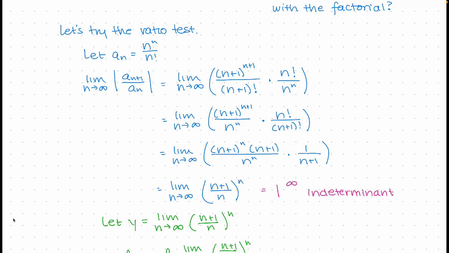Let's just say if n equaled 3, then n factorial over n plus 1 factorial would be 3 times 2 times 1 over 4 times 3 times 2 times 1. So you get 1/4, which is 1 over n plus 1. So that's how I got this here. Any questions on this?